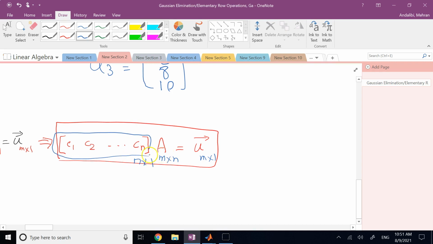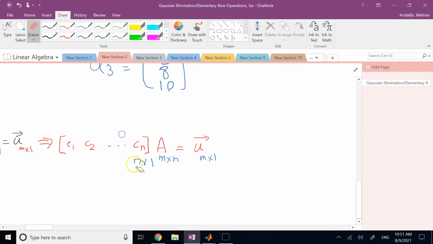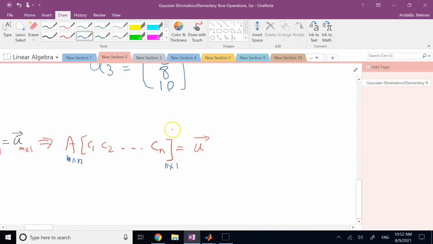So although that looks like this when we wrote A's as columns of A, now the dimensions don't match. So a better way to write it is to bring A to the left side. So write it like this. Then now you have m by n, but you need an n by 1. This is a 1 by n, so what you need is a transpose, right? And this is going to be an m by 1.